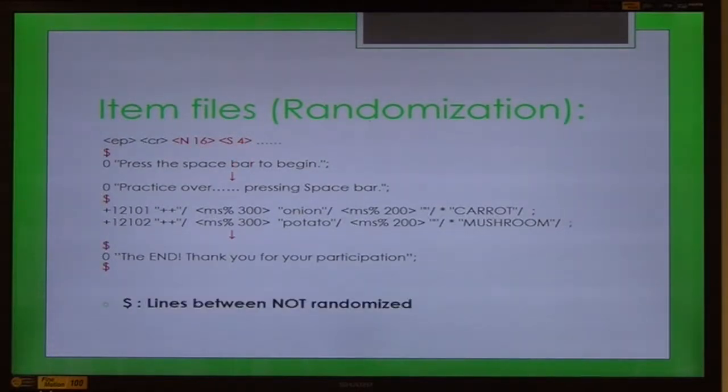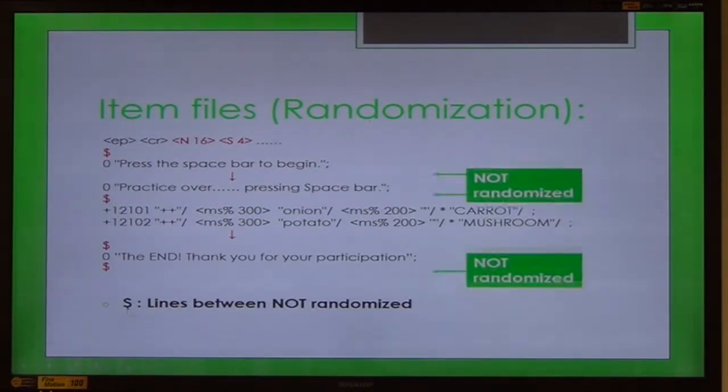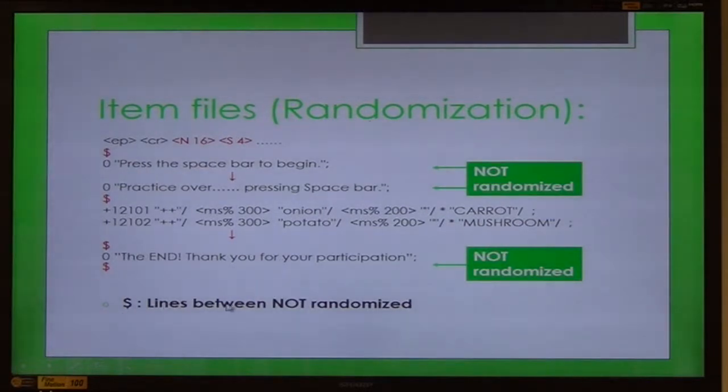How about if I have something that I don't want to randomize, and I only randomize my trials? For example, you want to randomize your trials, but you don't want to randomize your instruction, right? You only want to randomize the trials. So how can I tell the program not to randomize certain things? You use this $ sign. Anything between two $ signs will not be randomized.